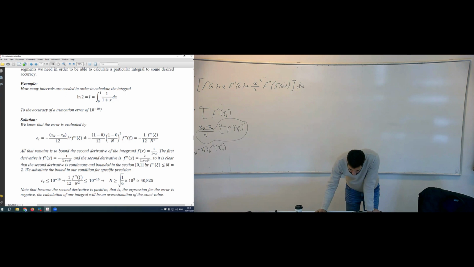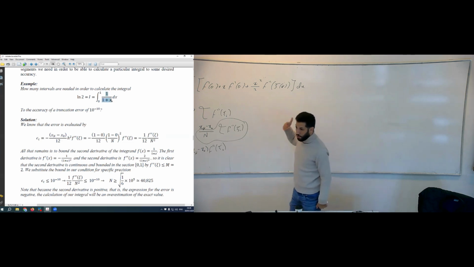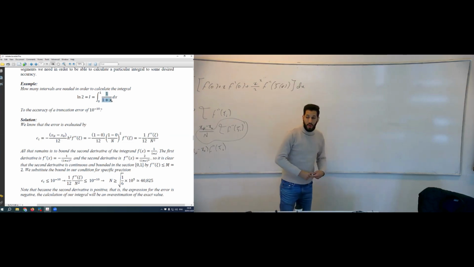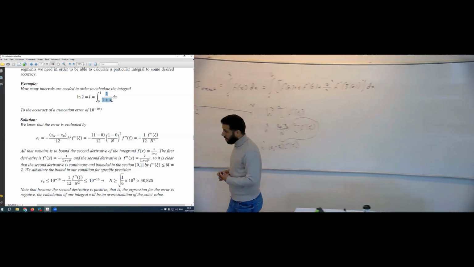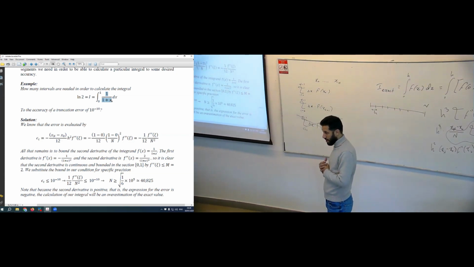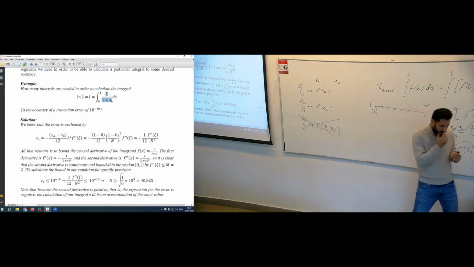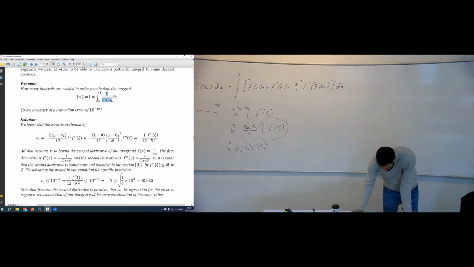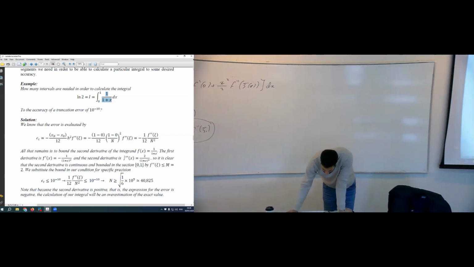Okay. So we know this function, so we have to calculate its second derivative. It's 2 over 1 plus x cubed. And what's the maximum of this function, 2 over 1 plus x cubed, in this interval from 0 to 2? That's the maximum of f double prime.